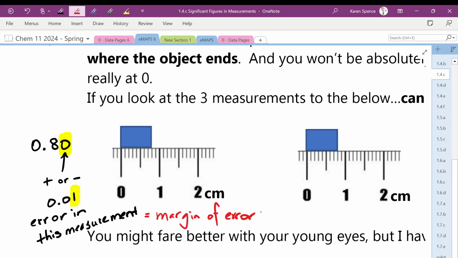No? Okay. I could have said that this measurement, instead of saying 0.80, I could have said that it is 0.81. Yes, of course. Or I could have said it is 0.79. Right?